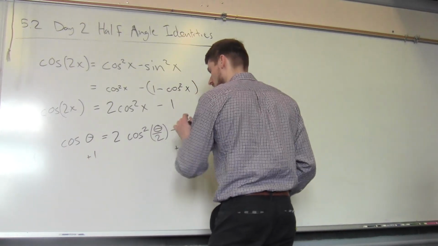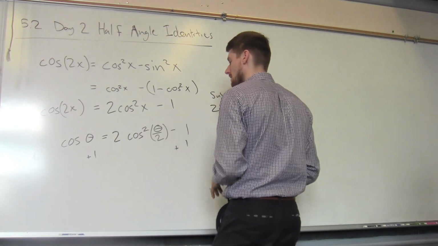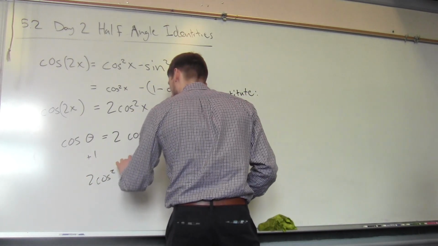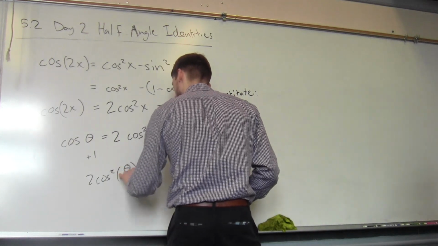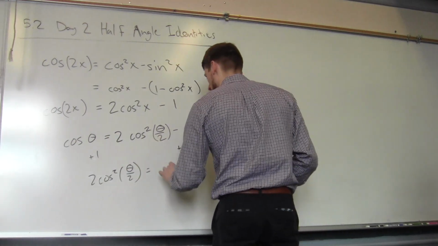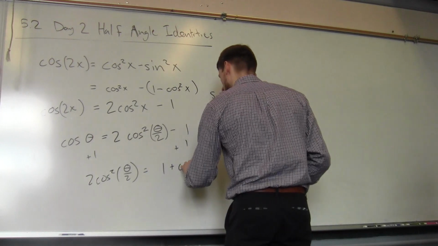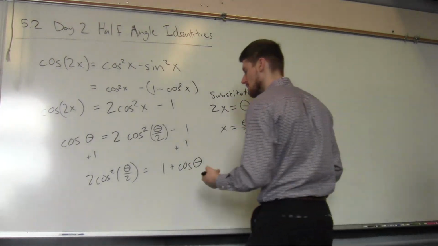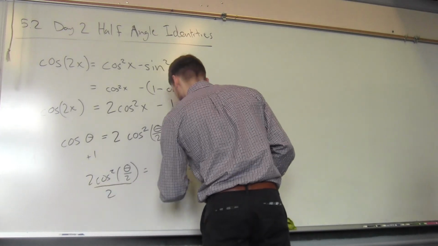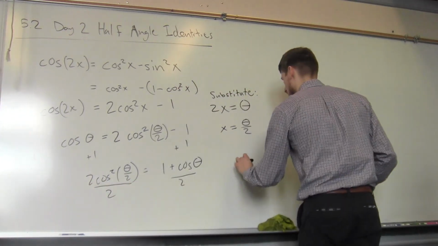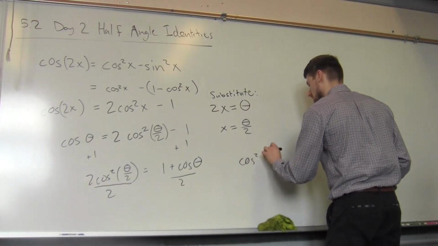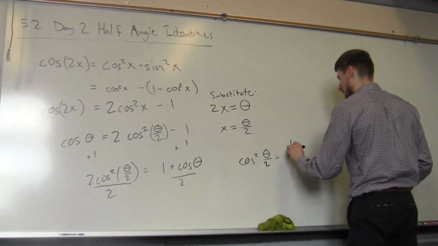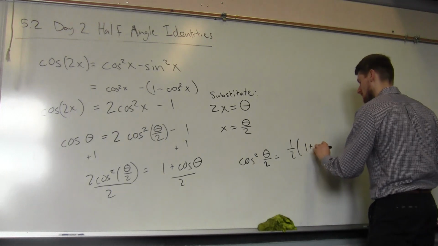So I'm going to reorder things around here and write this as 2 cosine squared theta over 2, put that on the left, and then 1 plus cosine of theta. Next up, divide by 2. So that gives me cosine squared theta over 2 equals 1/2 times 1 plus cosine theta.